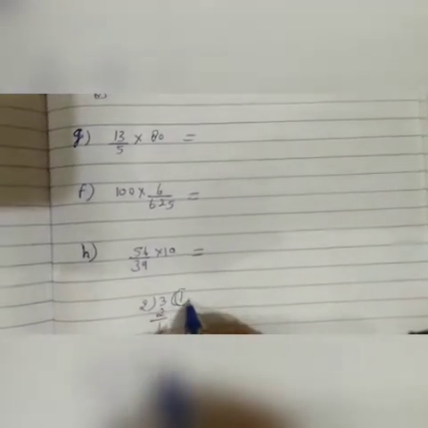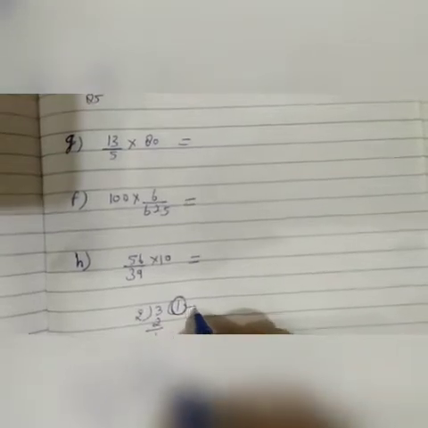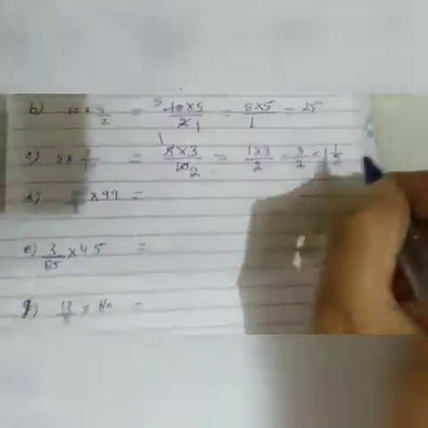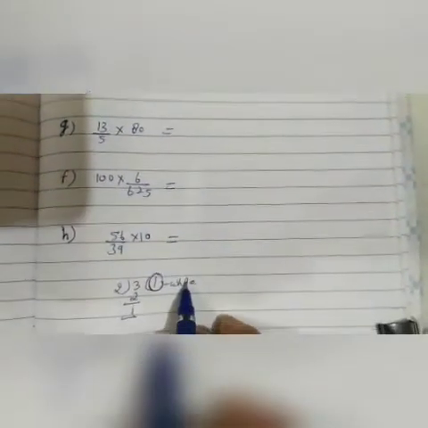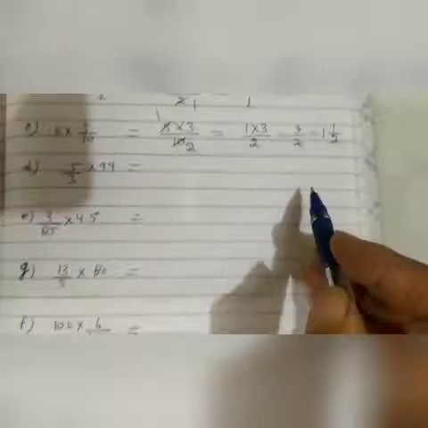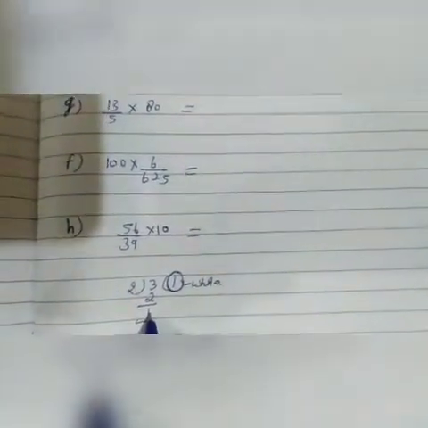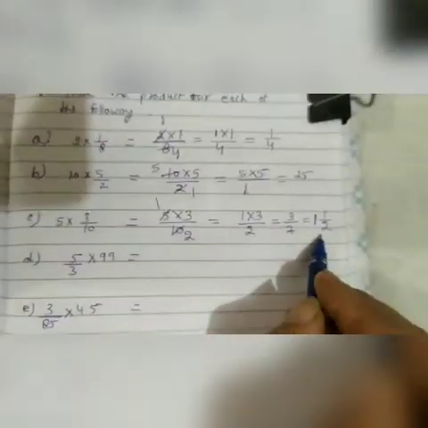So this will be a whole number. So we will write it 1 and 1 upon 2. This 1 is whole number. So this we will write here, and then this 1 upon 2.